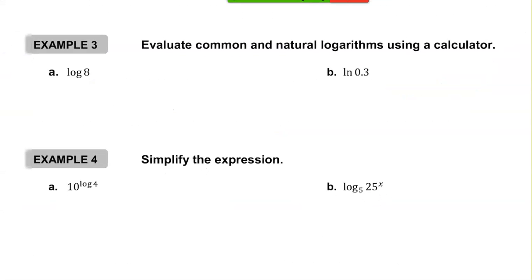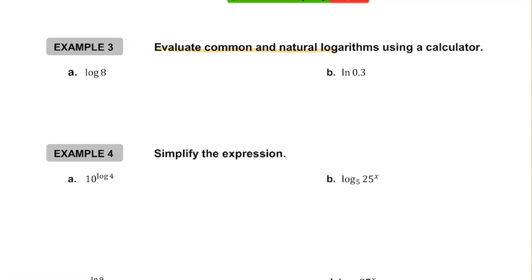Example 3 wants us to evaluate common and natural logarithms using a calculator. You can evaluate logarithms that are bases other than 10 and e on your calculator, but it's trickier. Depending on what calculator you have, it's very challenging. So we have on our keyboard just a log base 10 and a natural log.